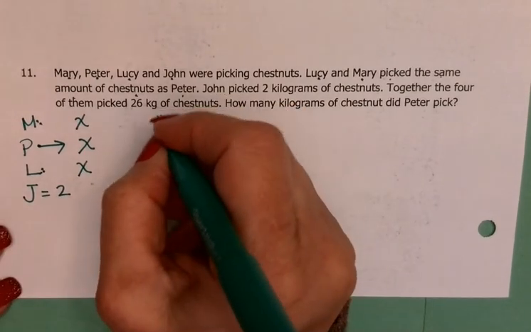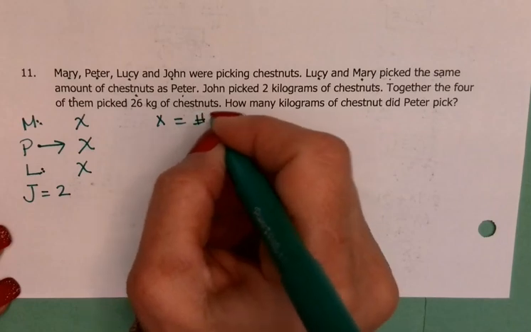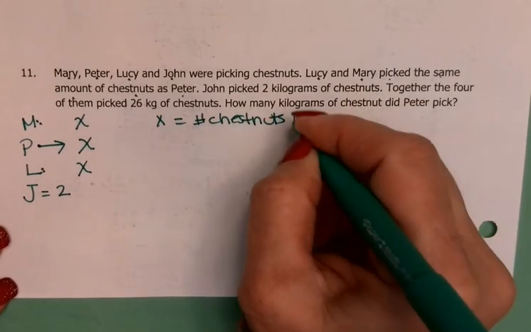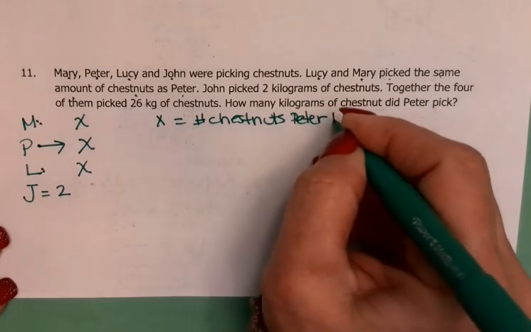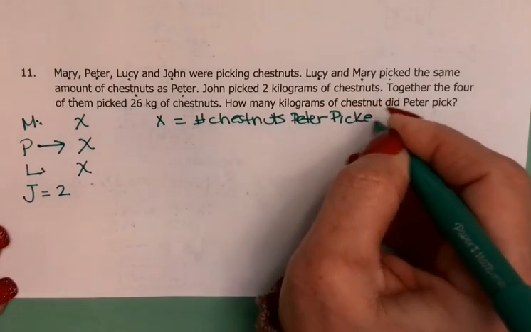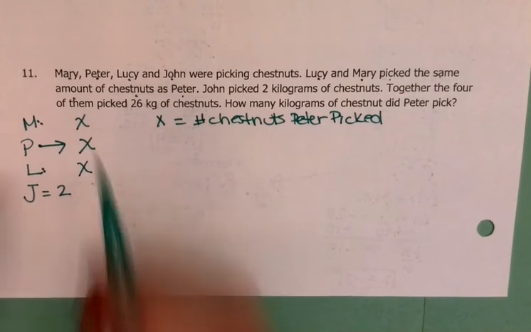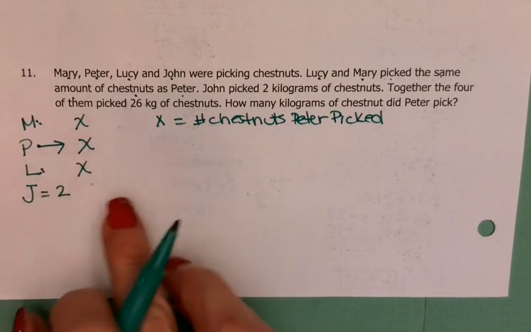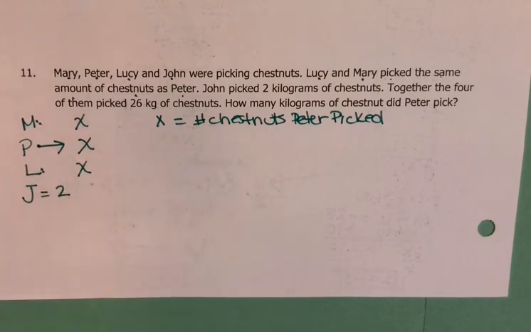So X equals the number of chestnuts that Peter picked. It just so happens that Mary and Lucy picked the same amount that he did. It didn't say together they picked the same amount as him. It just says Lucy and Mary picked the same amount of chestnuts as Peter. So Mary picked the same amount, Lucy picked the same amount.